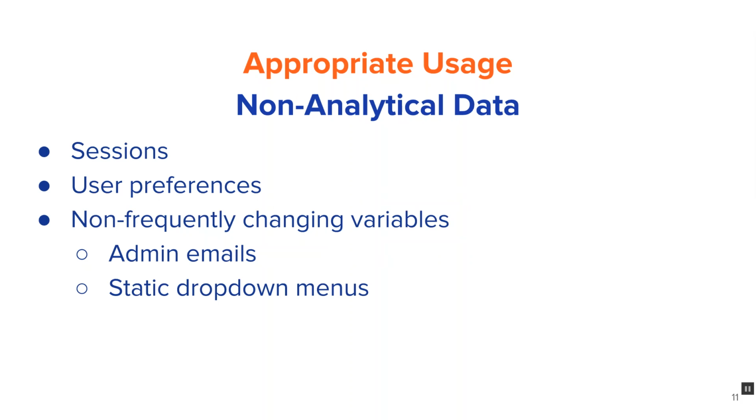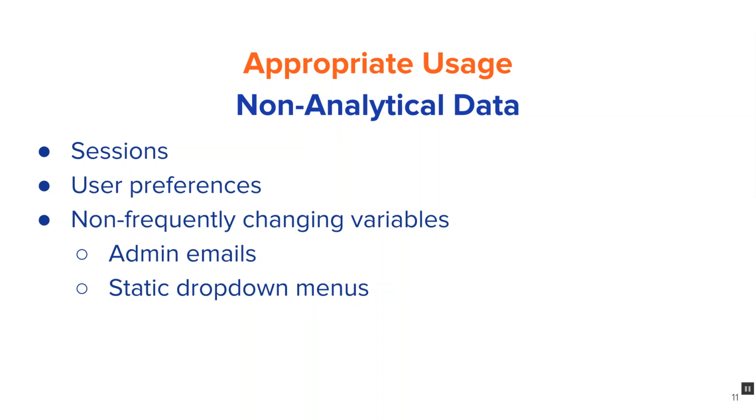So, one more appropriate use that I find myself storing JSON in the database for is with non-analytical data. Our error logs are kind of like non-analytical data, but coming from a web background, things like if you're storing web sessions, if you need to store some data in memory that a user's seeing on their screen or whatever, just dump it in the database and then get it back when you need it.